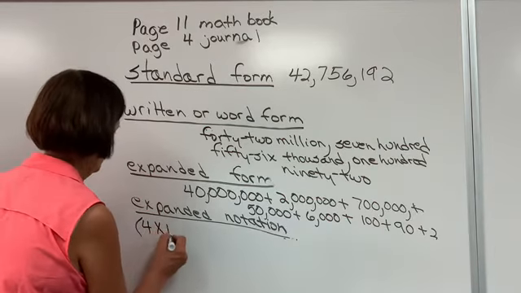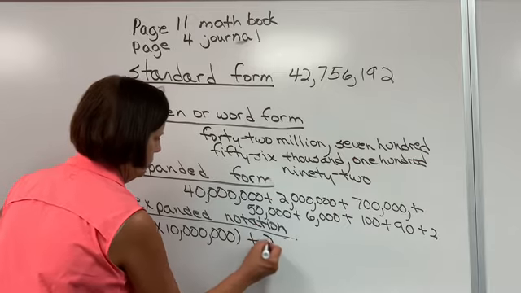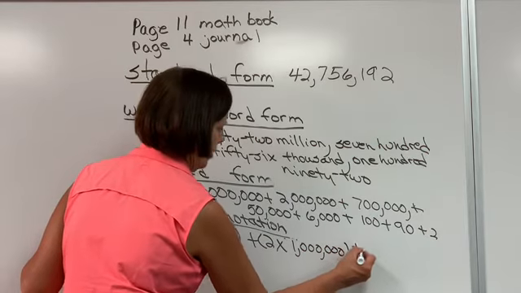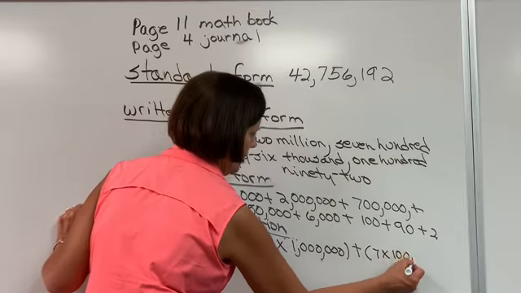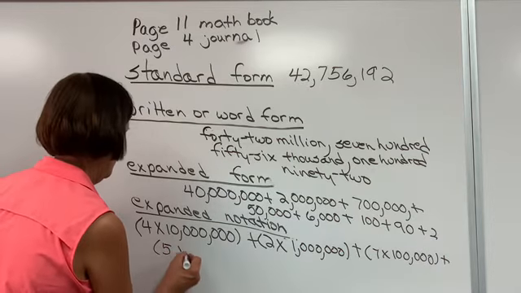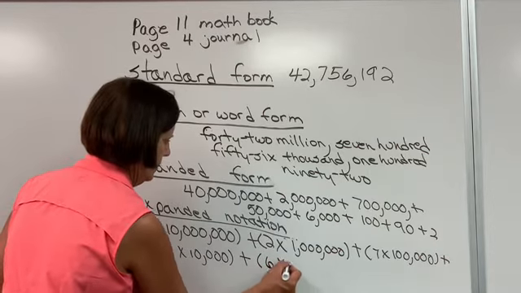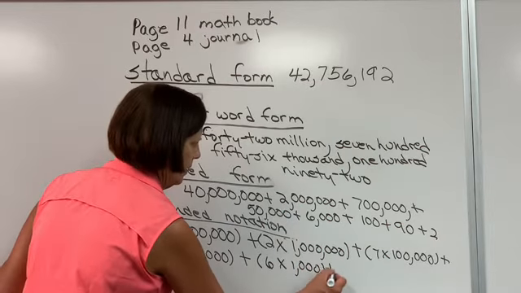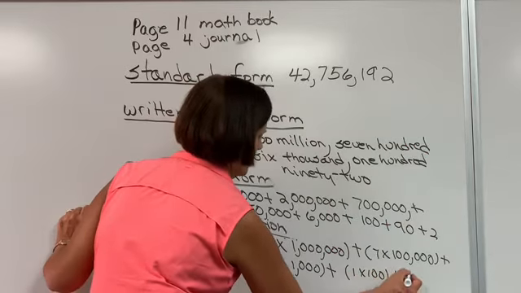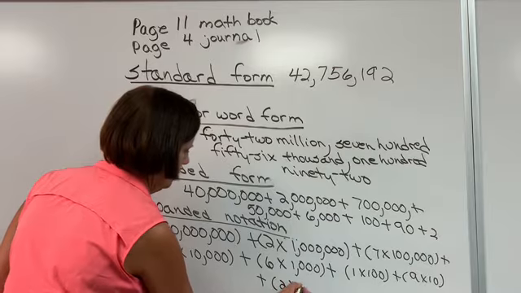Parentheses, 4 times 10 million plus 2 times 1 million plus 7 times 100,000 plus parentheses 5 times 10,000 plus parentheses 6 times 1,000 plus parentheses 1 times 100 plus parentheses 9 times 10, last one, plus parentheses 2 times 1.